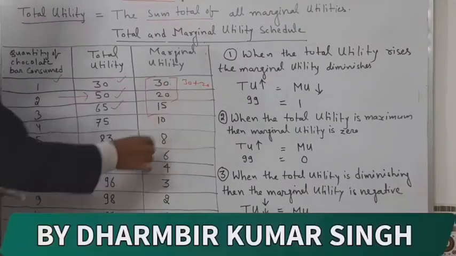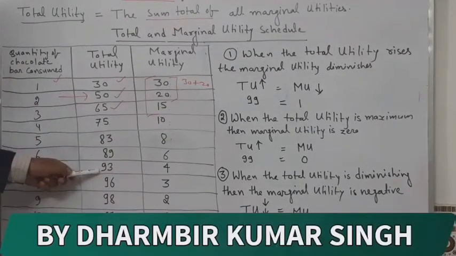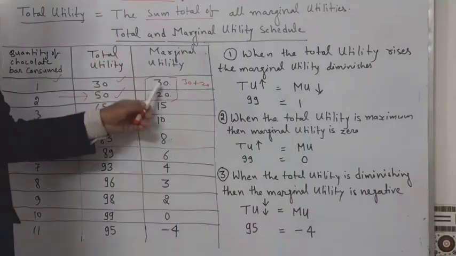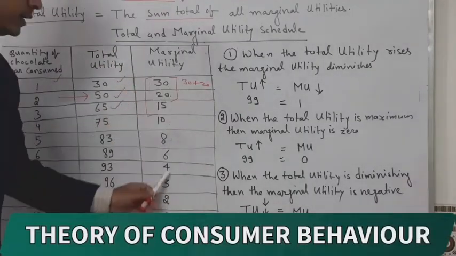In this way we will add it and the total will increase. My marginal utility is decreasing.